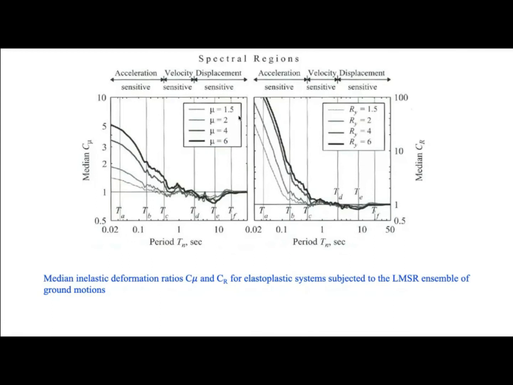This indicates that the relationship between the ductility and the strength reduction factor is not the same. So 1.5 ductility is not equal to 1.5 strength reduction. There is a huge variation, particularly at the short time period. But when the vibration period is longer, these two become equal because they produce the same effect in the inelastic deformation demand.